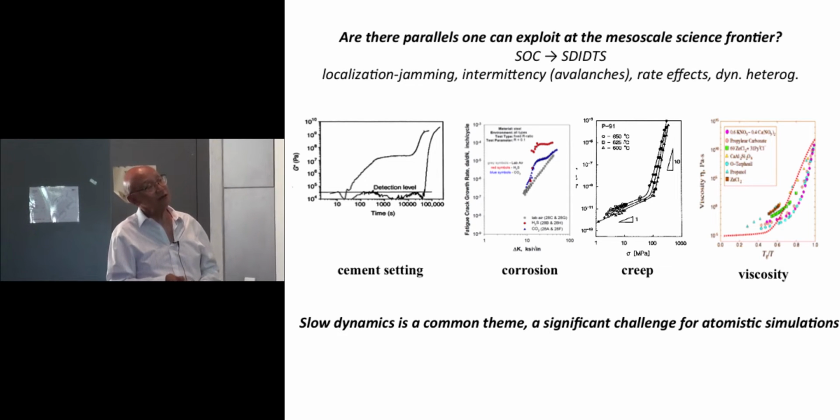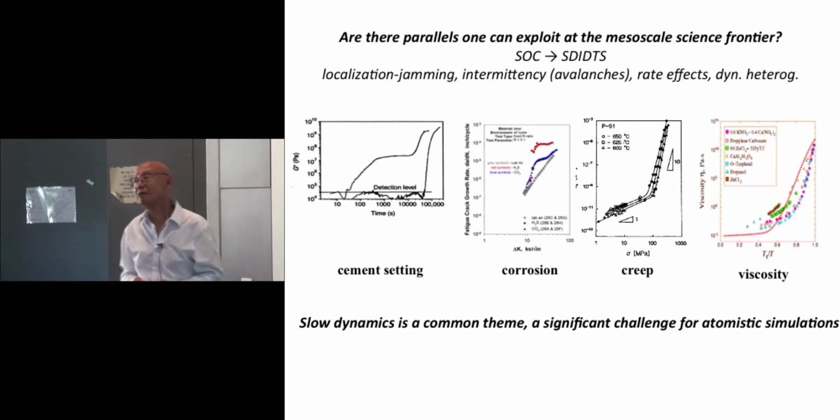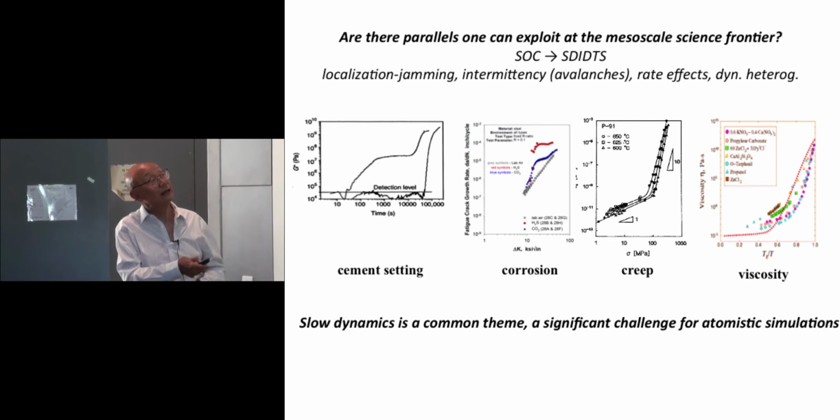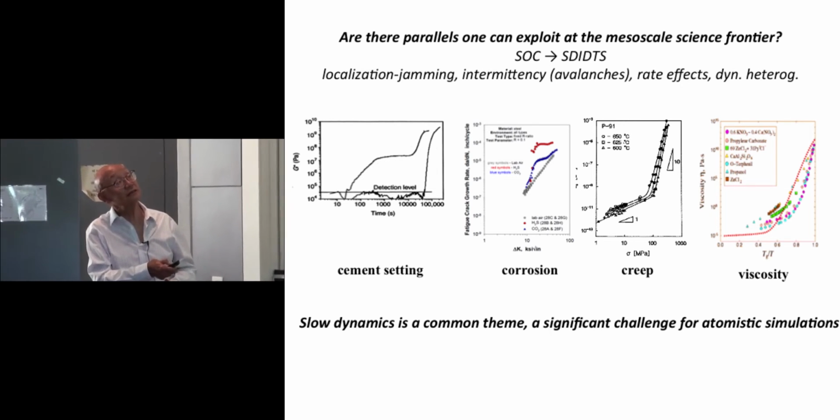One of the things that I was going to stress, if there's time, from the standpoint of simulation, our big challenge, and I'm trying to say this to Dominic, is we do okay on the spatial part, but we do not so well on the time scale part. We need to get away from the short time steps of MD simulations. And that's where slow dynamics takes us. Okay, so intermittency has to do with rate effects, rare events, avalanches, and so on.